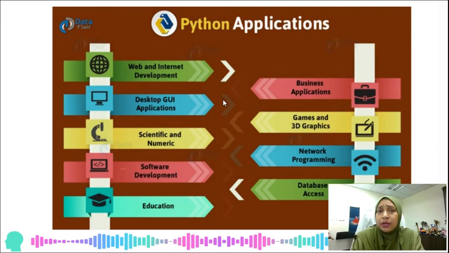It can also be used for scientific and numerical calculation, hence mathematicians or statisticians. It can be used for software development, hence the software engineer. It can be used for education purposes, business applications, designing games, network programming, and various other things.